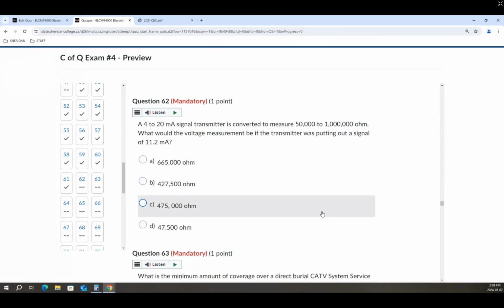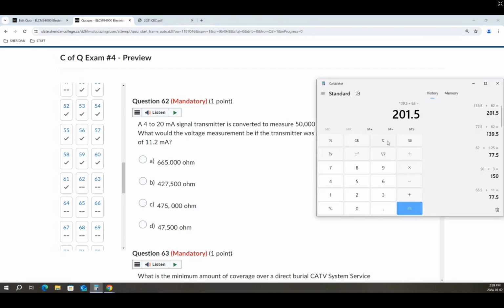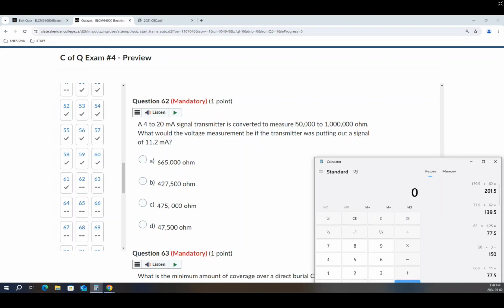I need to get my ratio for 4 to 20, my signal span and my variable span, right?